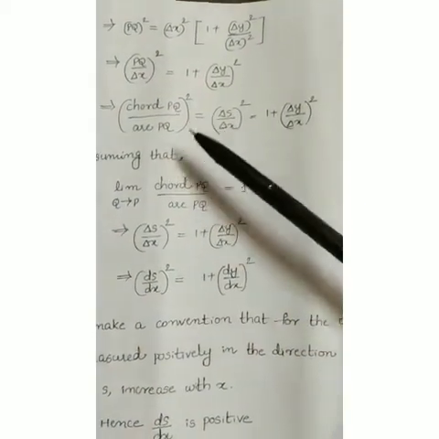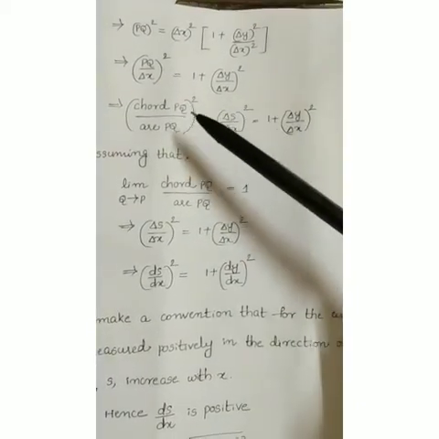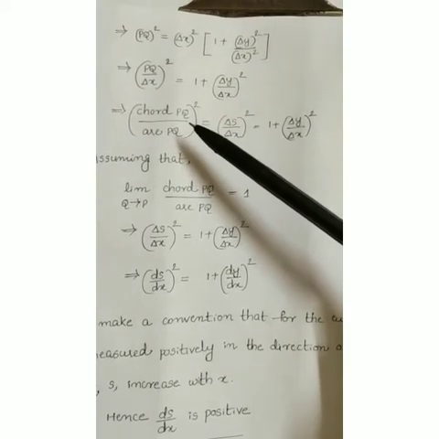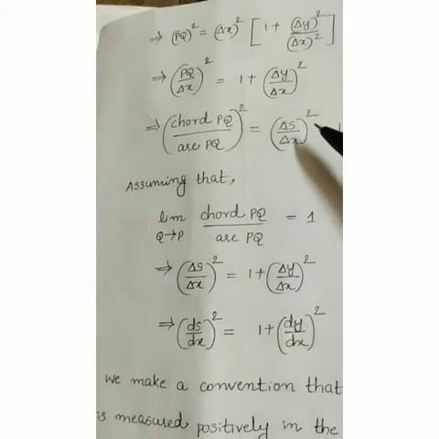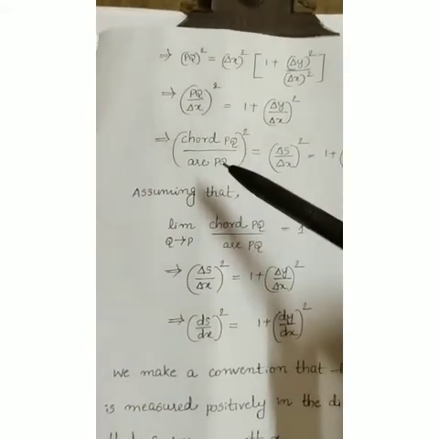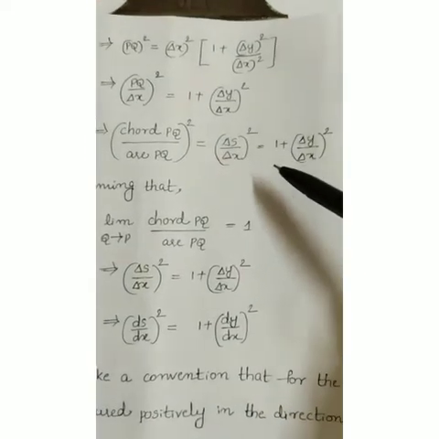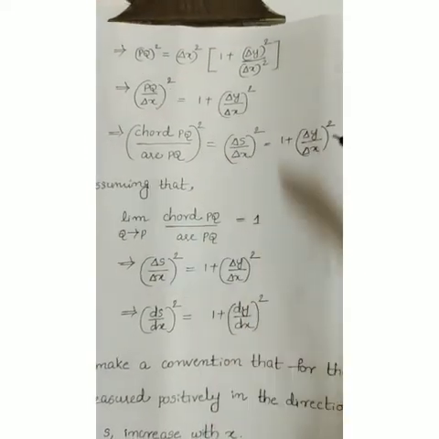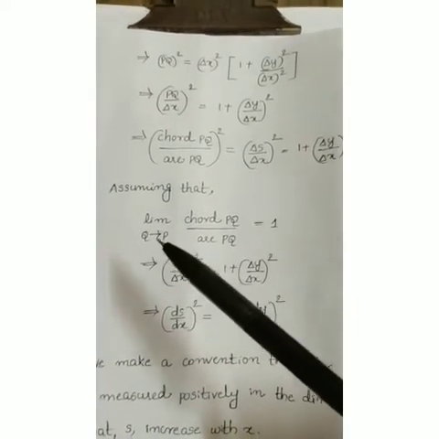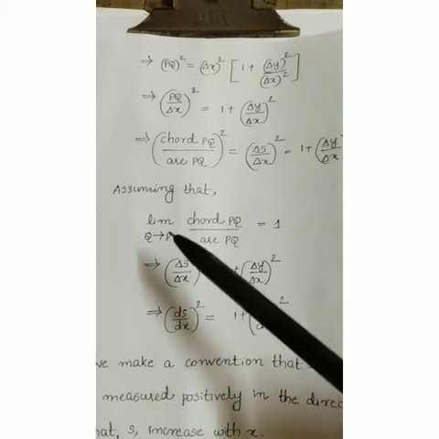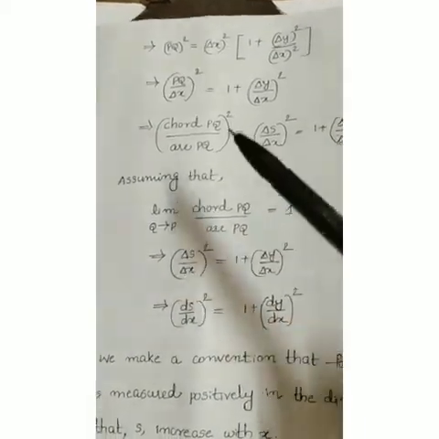So chord PQ by arc PQ whole square, where arc PQ is delta s, times delta s by delta x whole square, equals 1 plus delta y by delta x whole square. When the limit Q tends to P, chord PQ by arc PQ equals 1. So this becomes 1.